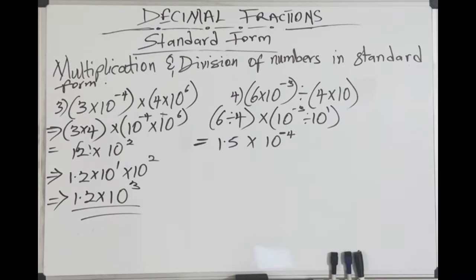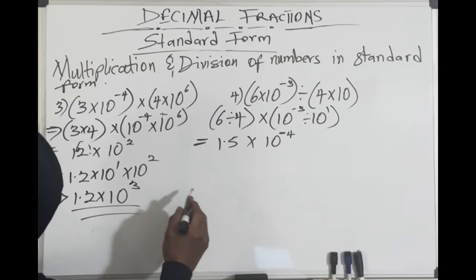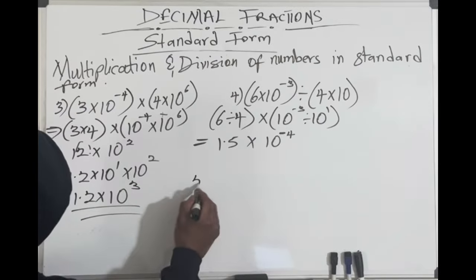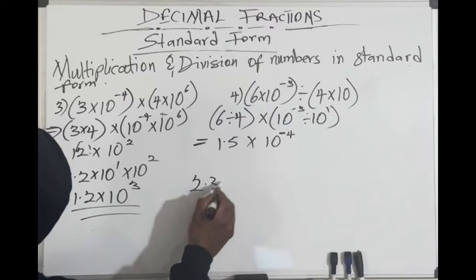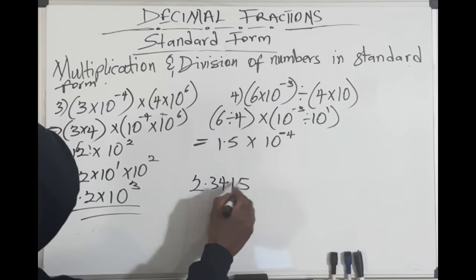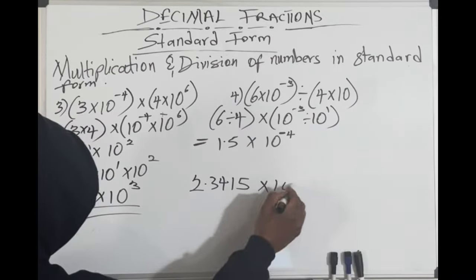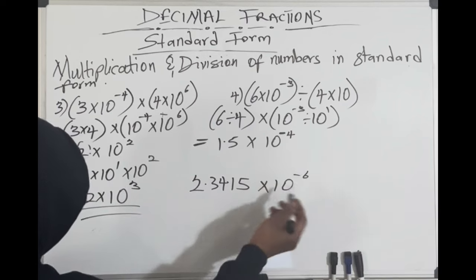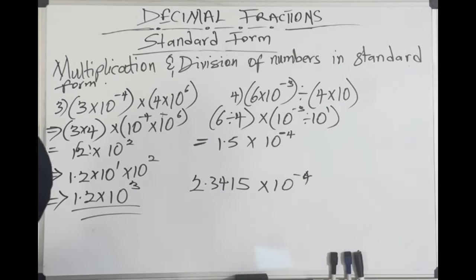Okay, so in summarizing everything, a standard form should always be a number, let's say 2, then a decimal point, then whatever numbers continue, then times 10 raised to the power negative 6 or 4 or whatever.